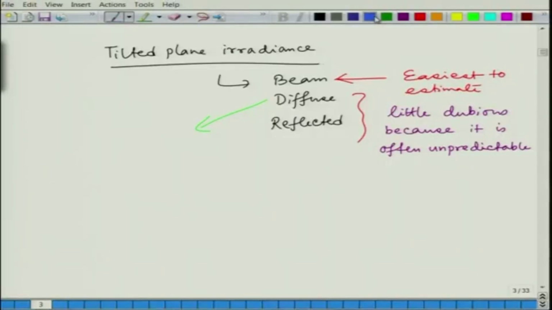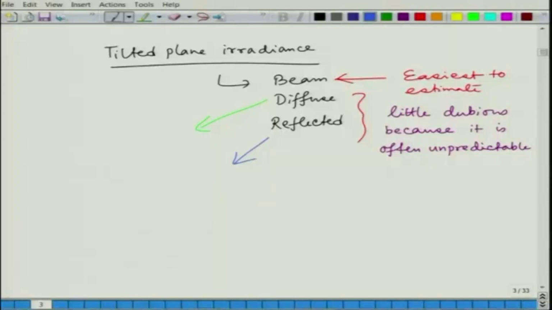And the reflected part also has this complexity, because when you estimate the reflected component for a particular solar collector, then during the operation it may happen that there are some new constructions, new trees coming up around.